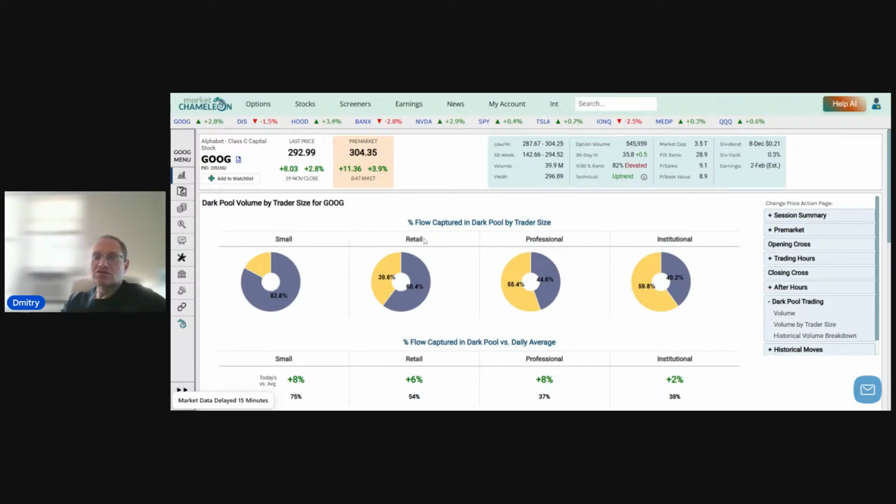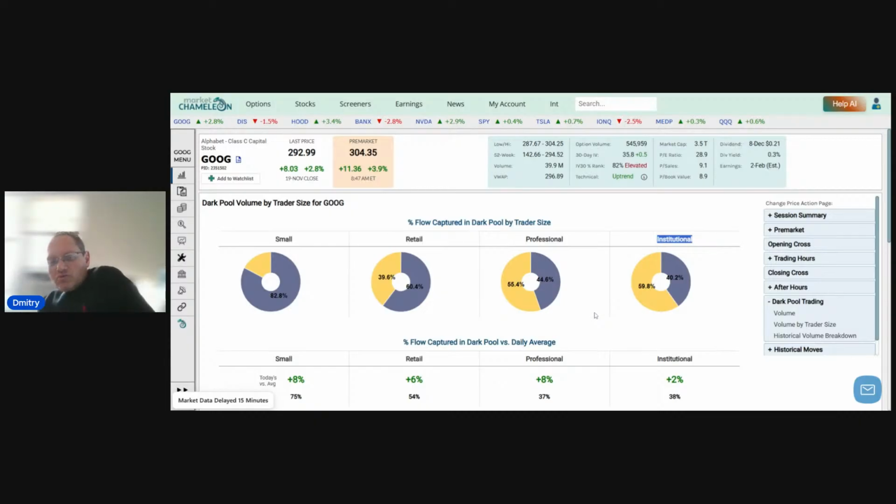If it's a retail size trade, but not exactly very small, but still in that area where we define retail trades, they'll come in here. The more professional size trades or institutional size trades are over here. So we have these four buckets and the breakdown of the volume.